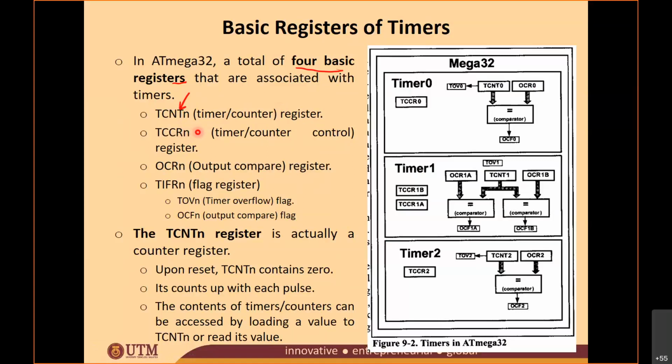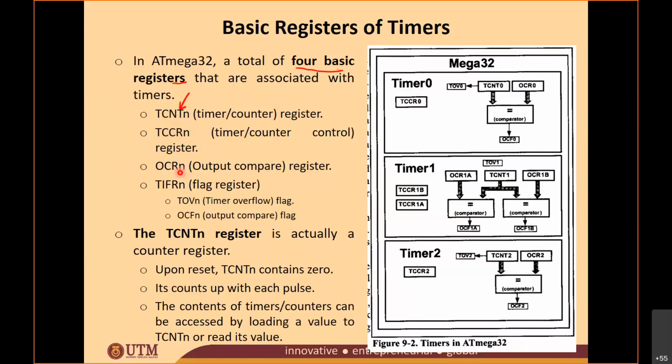If 0, you're going to use timer 0. If 1, you're going to use timer 1. If you replace it with TCCR2, you're going to use timer 2. This TCCR is the timer counter control register, where you do whatever settings you need.